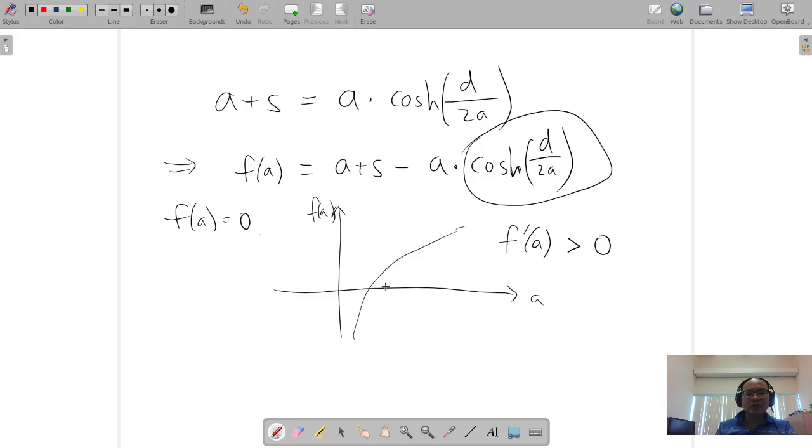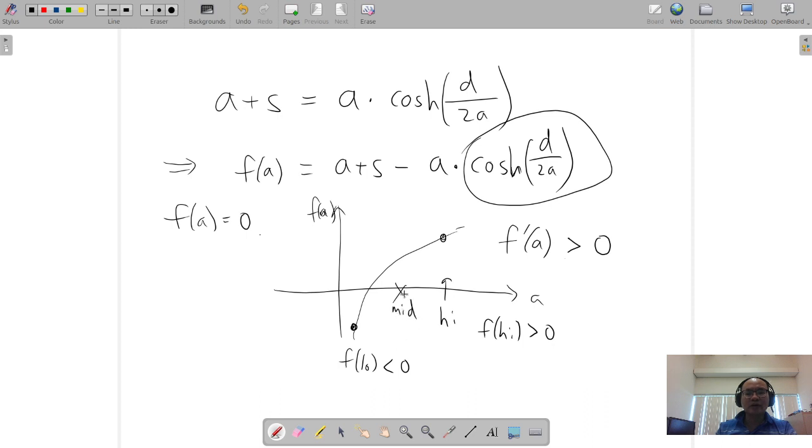But if you know that this is true, then what is the way that we're going to tackle this problem? We're going to find some value of a, call it high, where f of high is greater than 0 for sure. We're going to find some value low, where f of low is less than 0. And knowing that it's increasing means that we can just take a step in the middle.